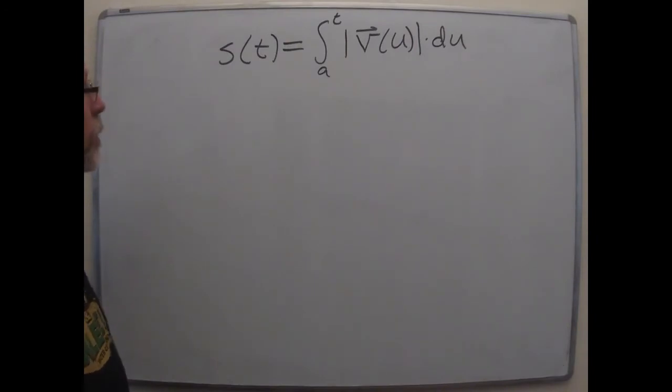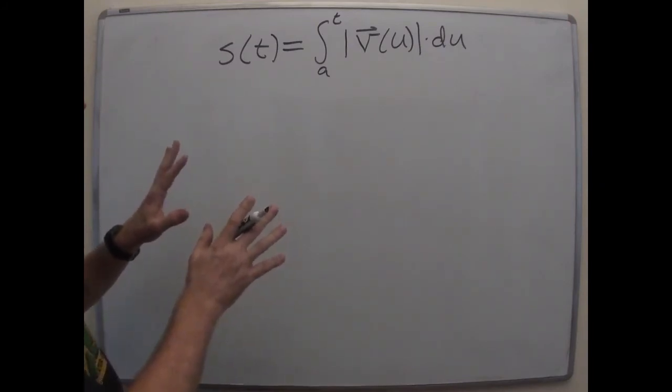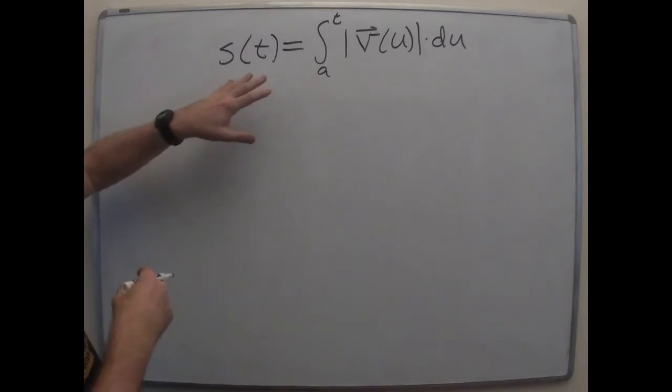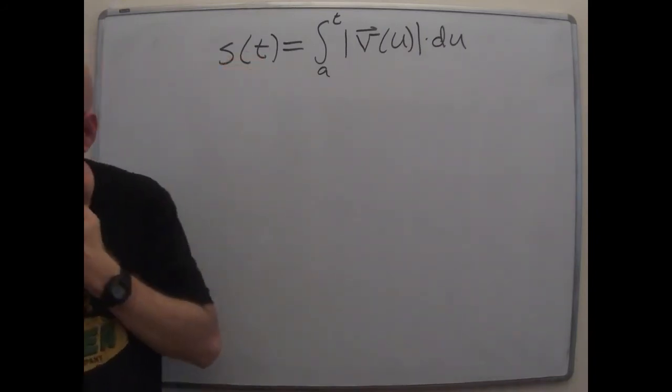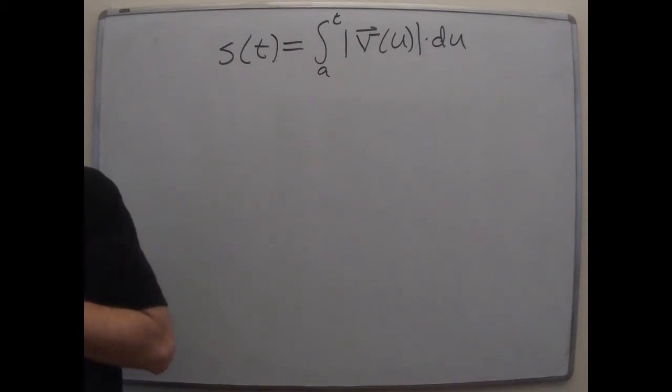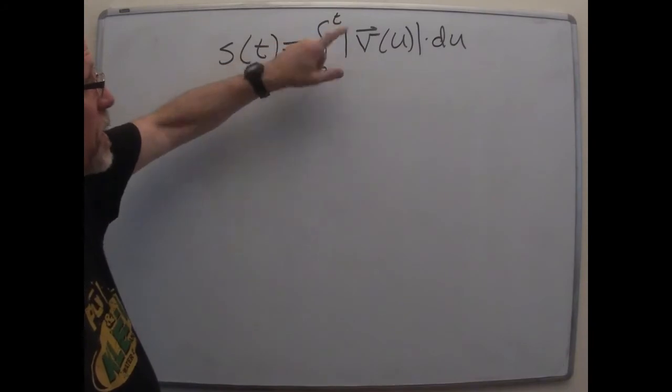So I just erased and recopied the result that I had at the bottom of the board up at the top. The reason I did so is I want you to think about using the fundamental theorem of calculus here. What we've got there is an integral where the variable is actually in the upper limit.